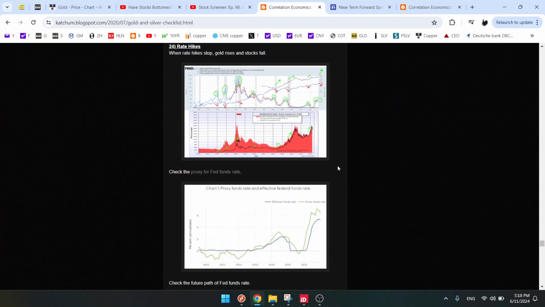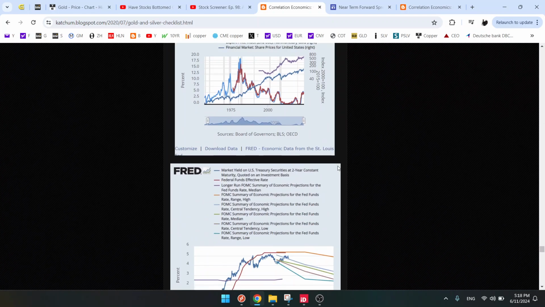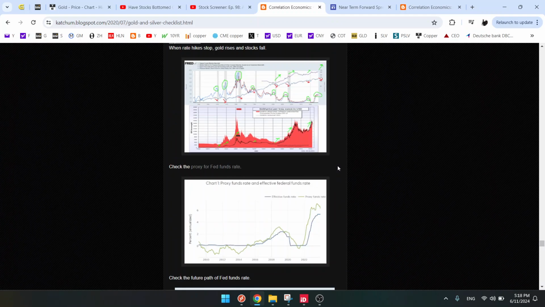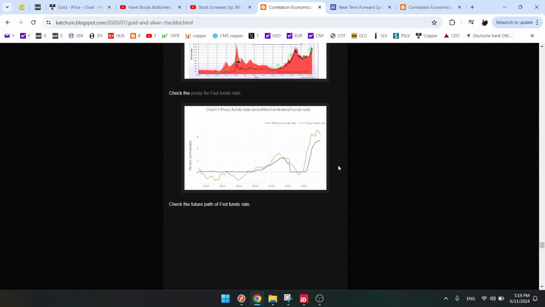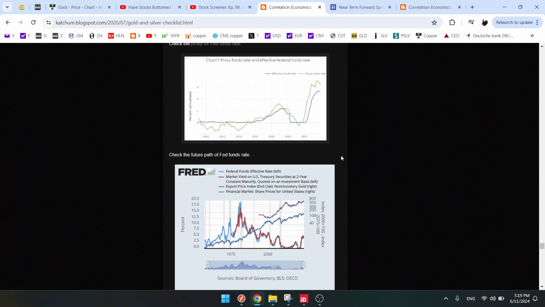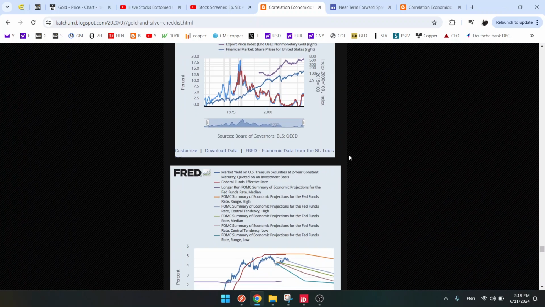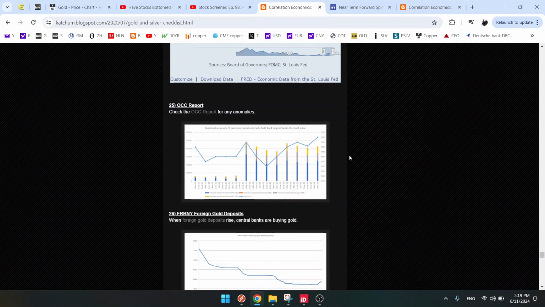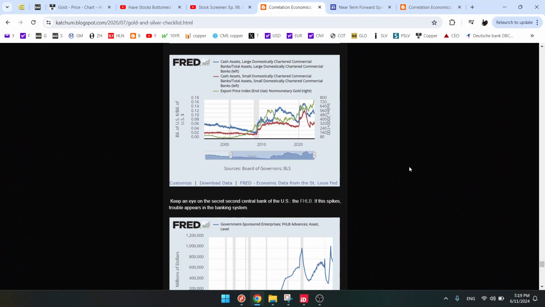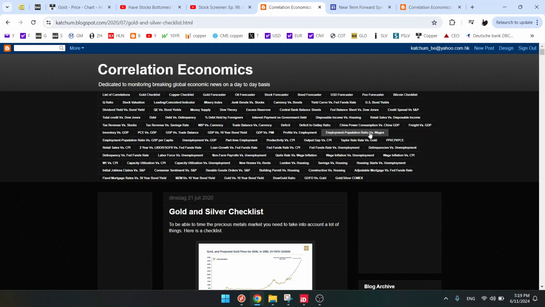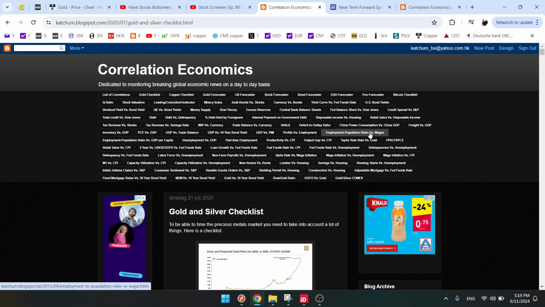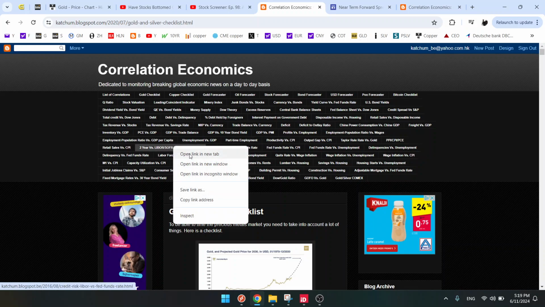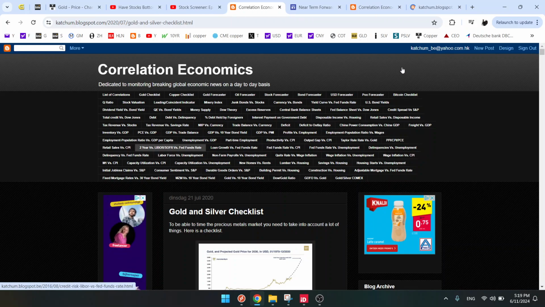For the rate hikes, there's also a website where you can check that. There's a probability website for rate cuts and rate hikes. Actually, I can show you that quickly. This is the Fed funds rate.